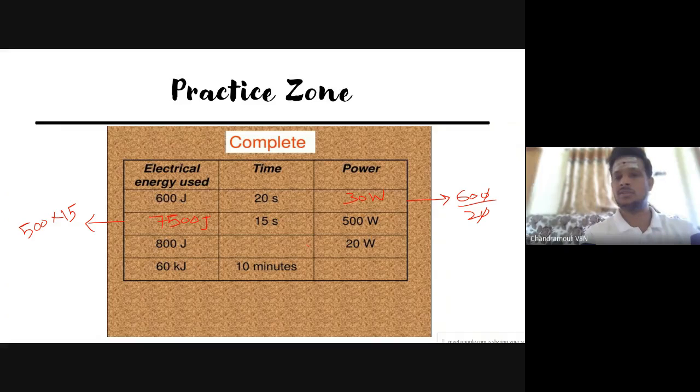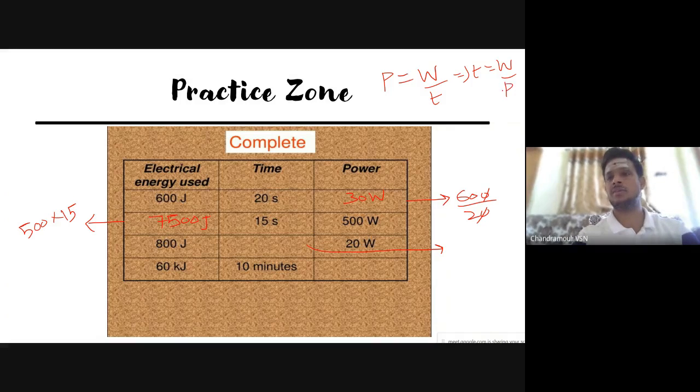This one I expected from Amulya. Amulya, respond. This is the base formula we are using. Power is equal to work by time. Now they ask time. Time means work by power. Amulya, what is the work they gave?